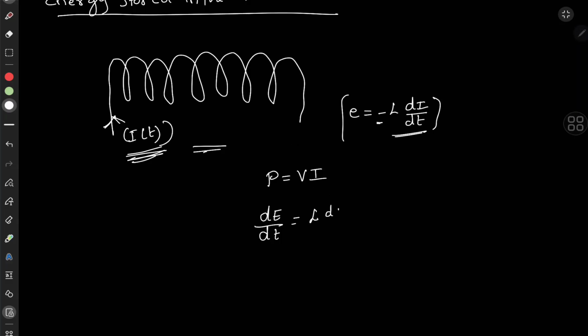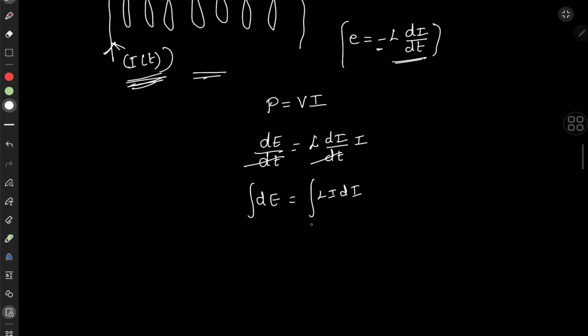Now you have L di by dt into I. The dt cancels. Now, the total energy stored in a given time interval we calculate by integrating on both sides. Then L into I into di gives E equal to L I square divided by 2, that is, half into L into I square.